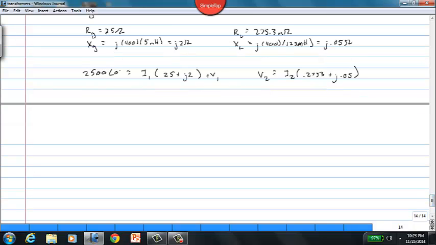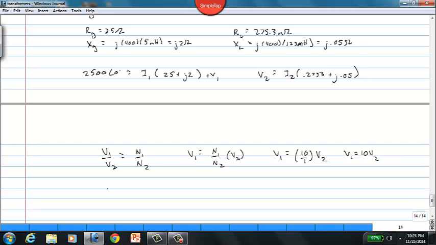So now what we need to do is apply the turns ratio. Remember, V1 over V2 is equal to N1 over N2. What this tells us is we could say that V1 is equal to N1 over N2 times V2. Our turns ratio we were given was 10 to 1, so V1 equals 10 V2.